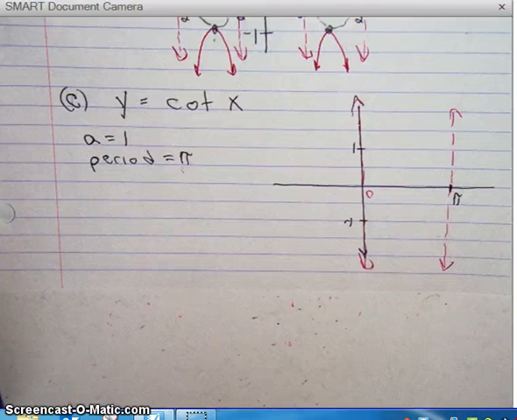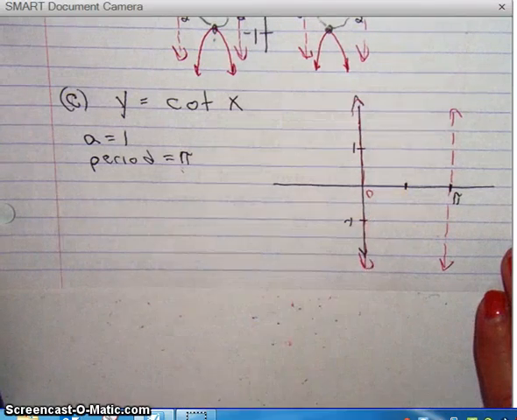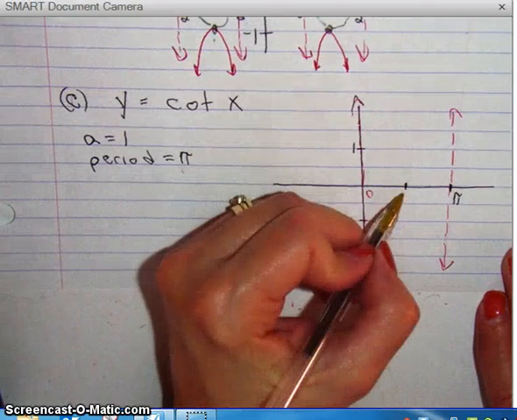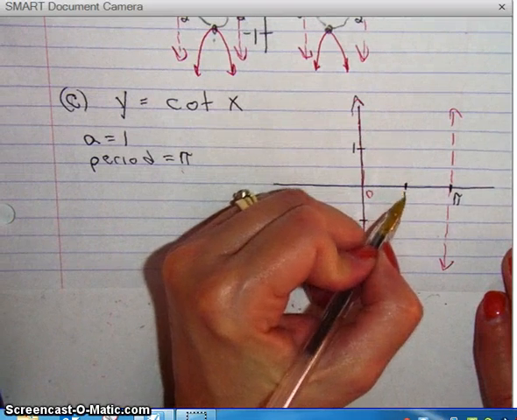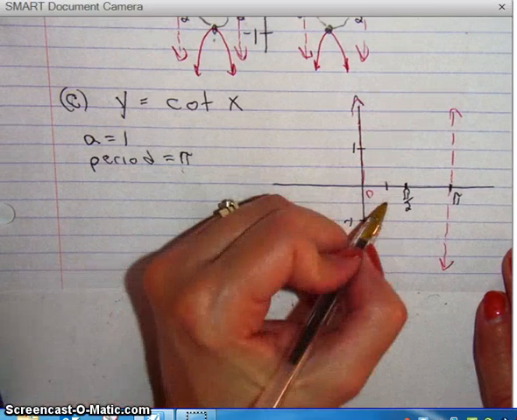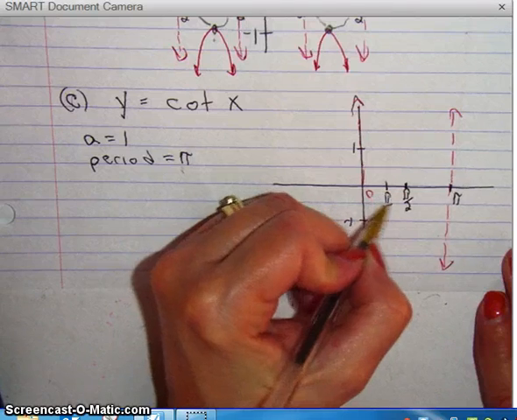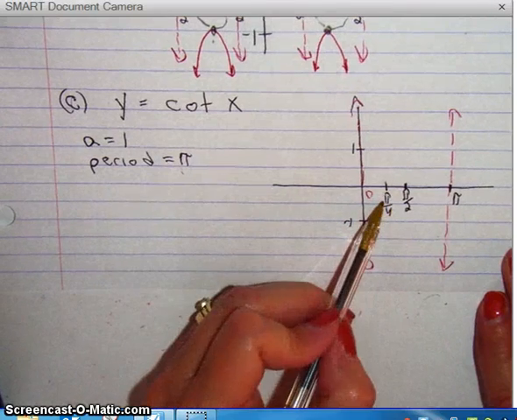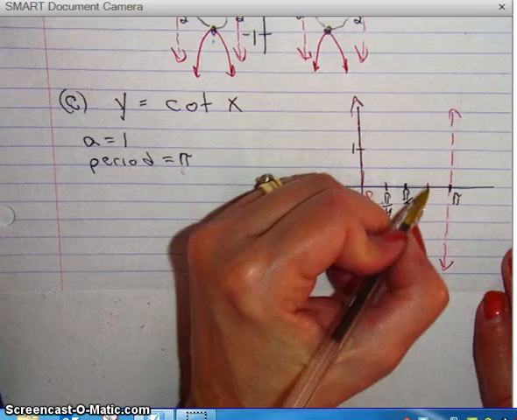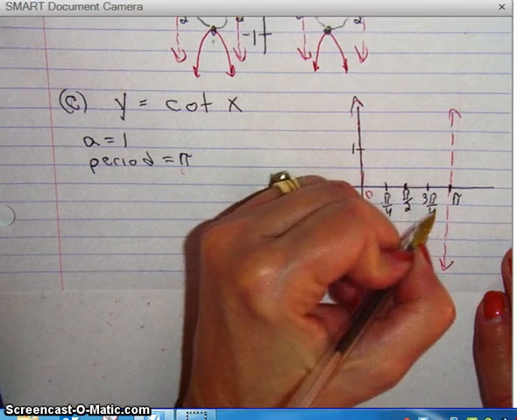Halfway point. Mason, what's this halfway point? Yep. And this one, Mason? Pi over 4. So 1 pi over 4, 2 pi over 4. This one, Mason? 3 pi over 4.